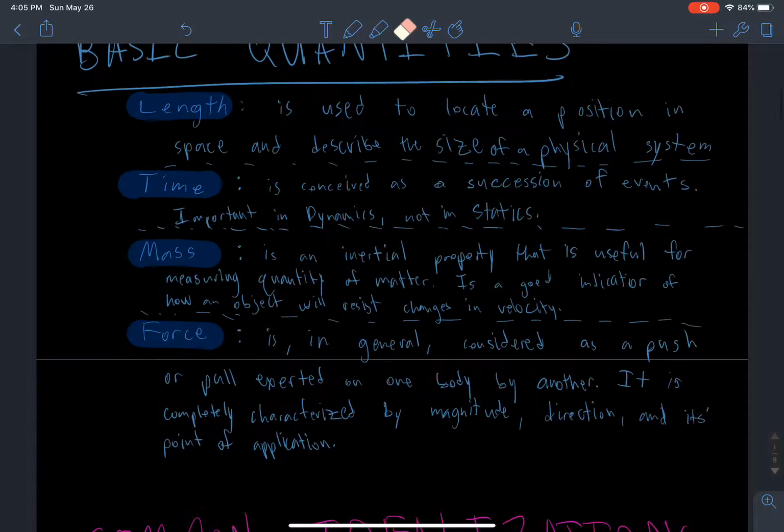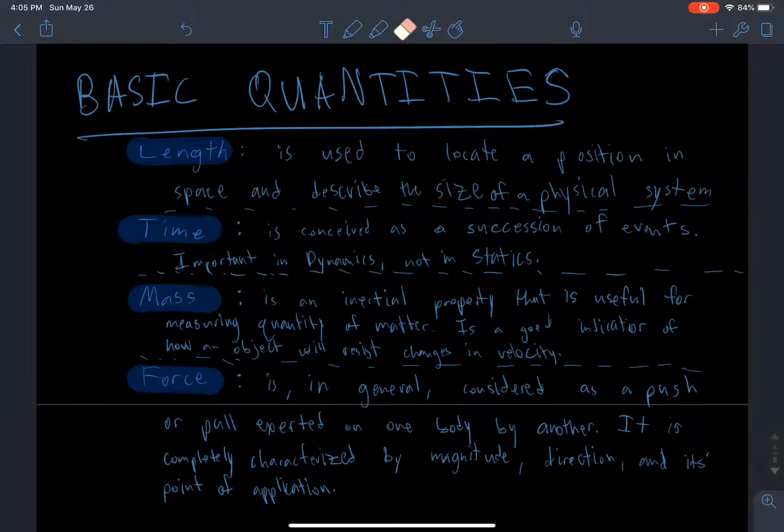Some basic quantities that you'll need to know for your statics class are length, time, mass, and force. Length is used to describe the position of different particles in space and how the system is shaped. That's really important for the shape of the system.